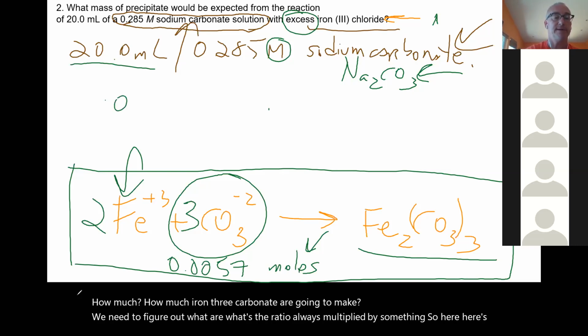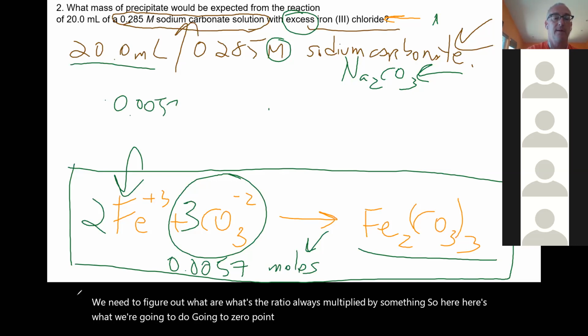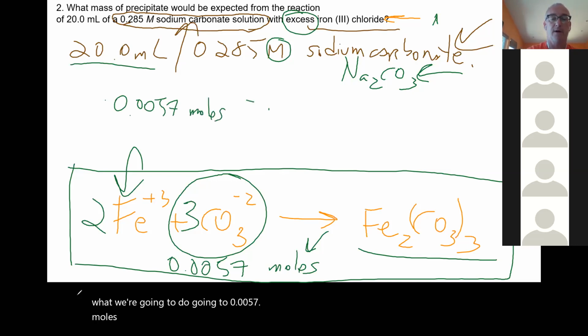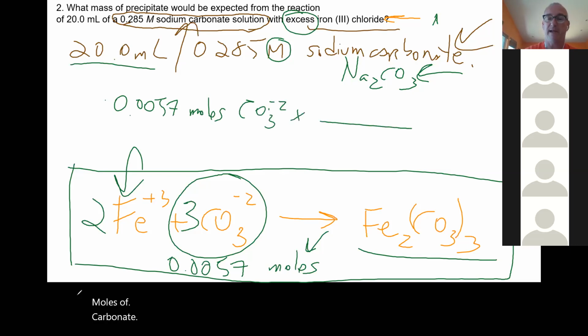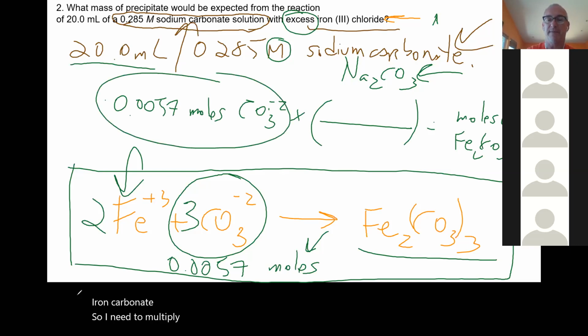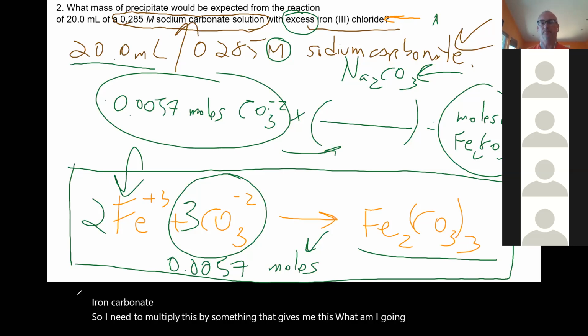Always multiply by something. So here's what we're going to do. We're going to have 0.0057 moles of carbonate multiplied by something that gives us moles of iron carbonate. What am I going to multiply it by?